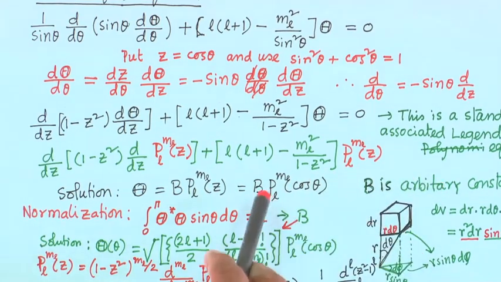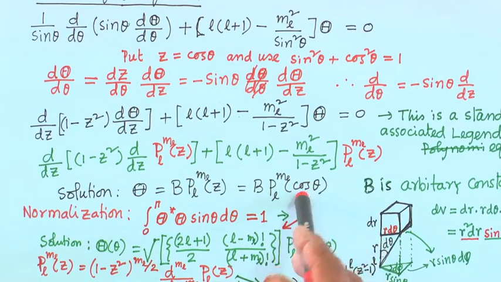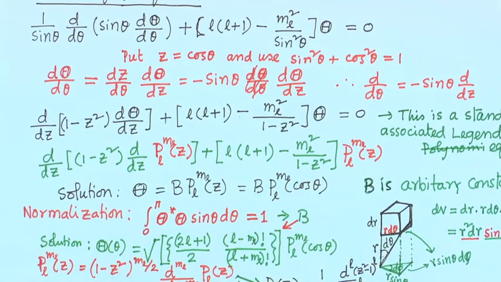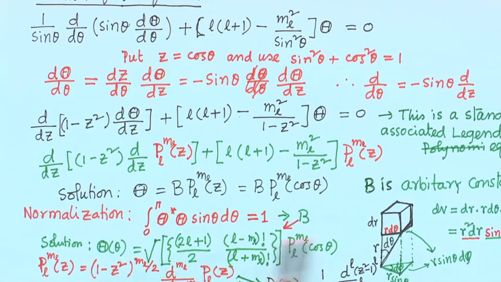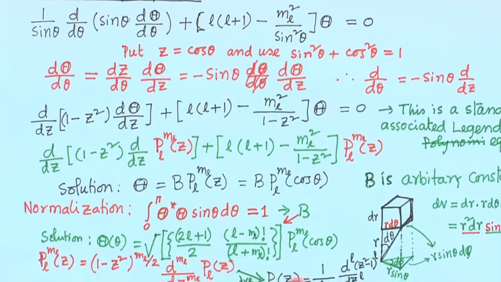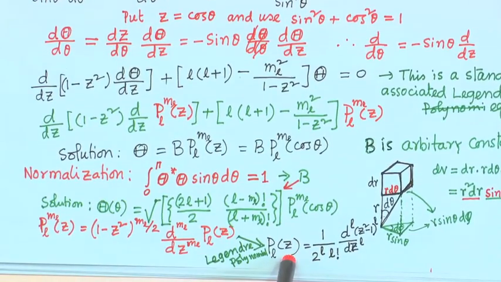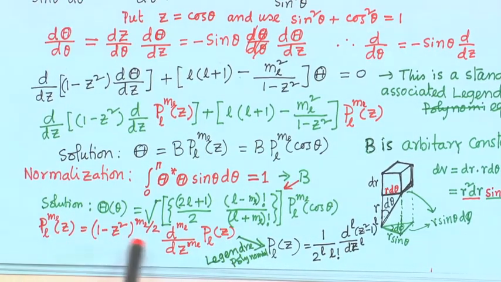When it is P_L of z, then it is the Legendre polynomial, and when it is associated with m_L, that is the associated Legendre polynomial.